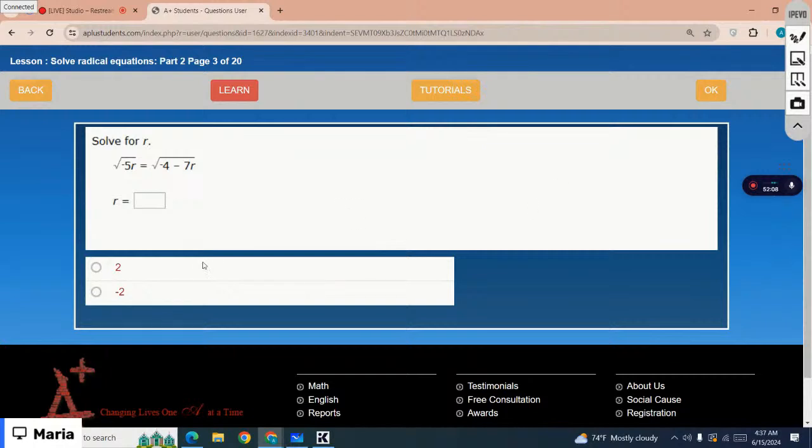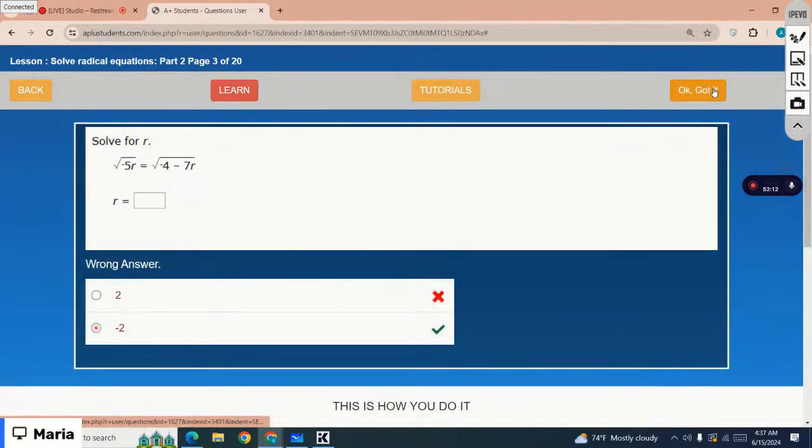That is r equals 2. Option number 1 is the correct option. Oh, sorry, -2 it is. The correct option is -2.